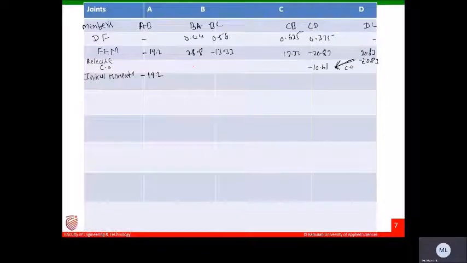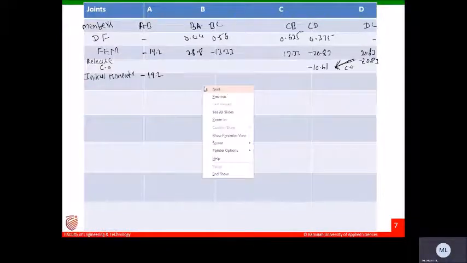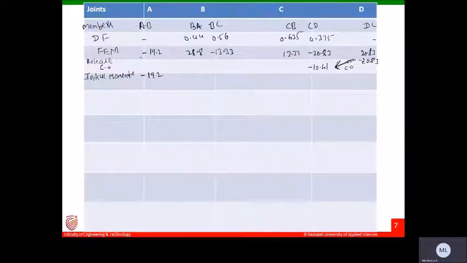Initial movement will be minus 19.2, and here minus 19.2, and this will be 28.8, and this will be minus 13.33 and plus 13.33, and this will be now minus 20.83, minus 10.41.